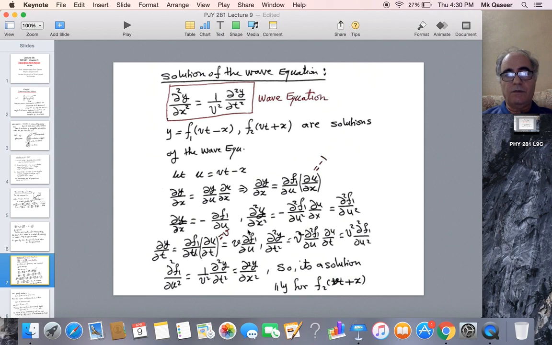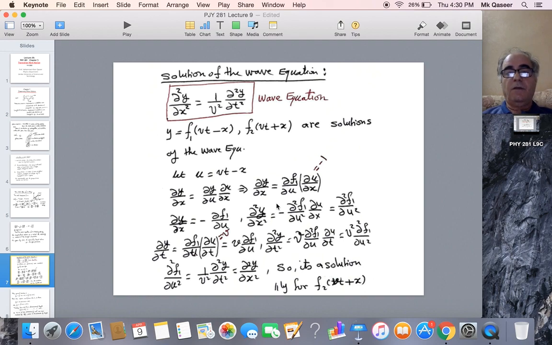The second derivative is d2f1 by du squared times du by dt, and du by dt again is v, so we get v squared d2f1 by du squared. Now inserting this here, we have v squared over v squared, and we are left with d2f1 by du squared. That means the right-hand side is equal to the left-hand side.